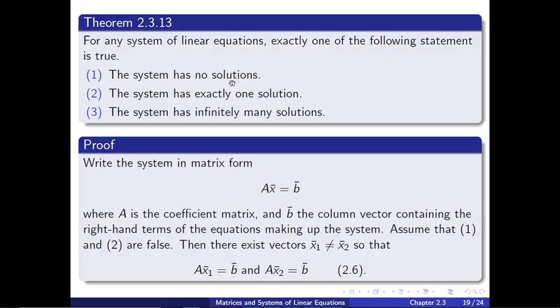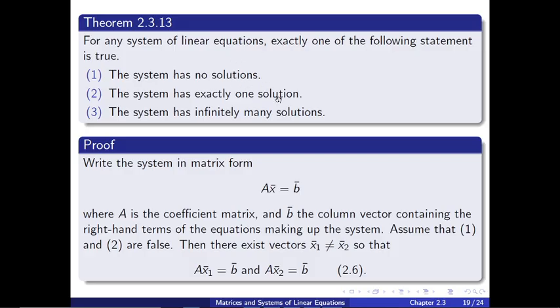There are no two statements that can be true simultaneously for a certain system, because if it has no solutions, it can't have exactly one solution, or if it has exactly one solution, it can't have infinitely many solutions and no solutions at the same time.